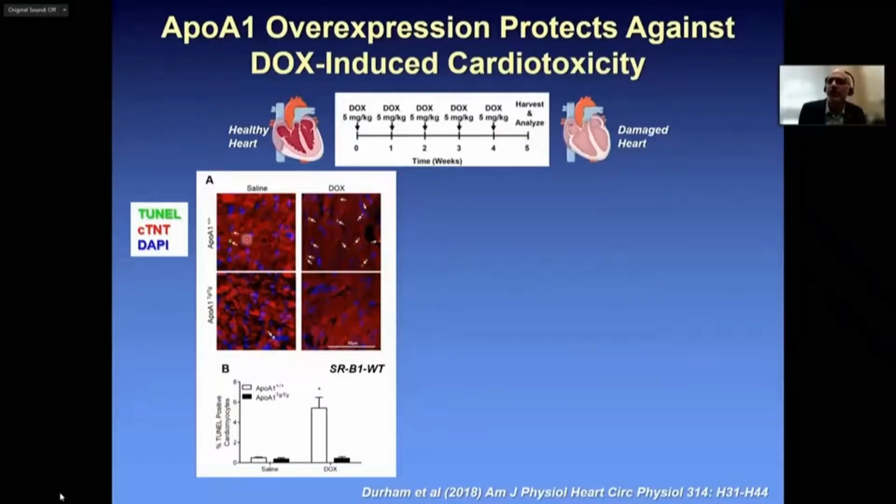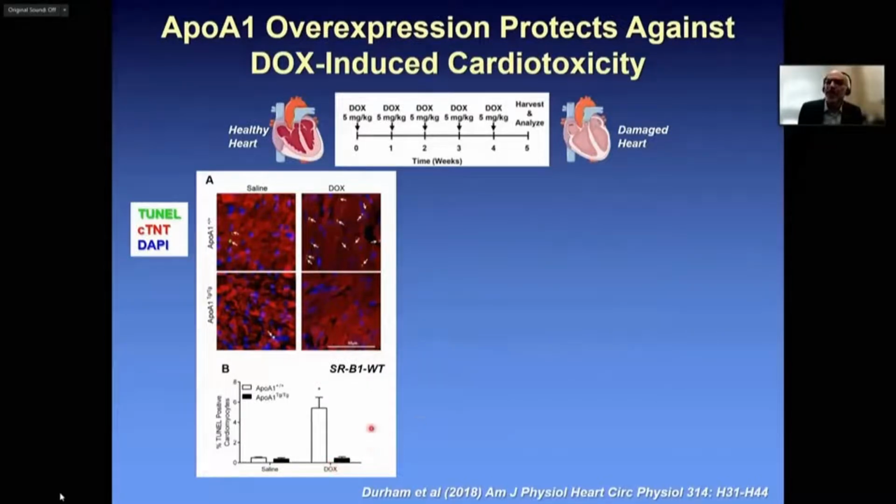When she looked at the apoptosis in cardiomyocytes in sections of the heart, she saw that in wild-type mice with normal levels of ApoA1, doxorubicin increased cardiomyocyte apoptosis, quantified here. But when ApoA1 was overexpressed, doxorubicin induction of cardiomyocyte apoptosis was attenuated.